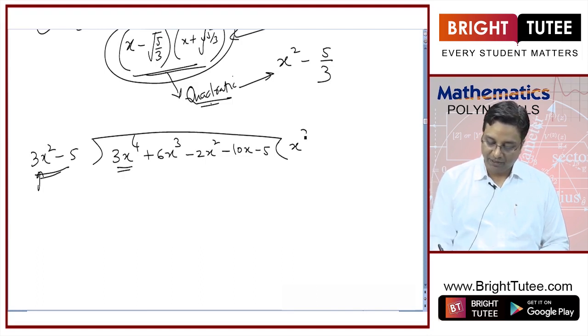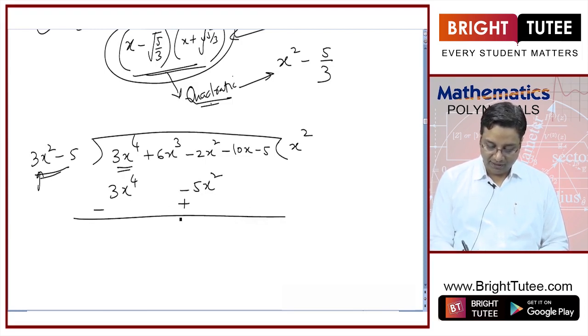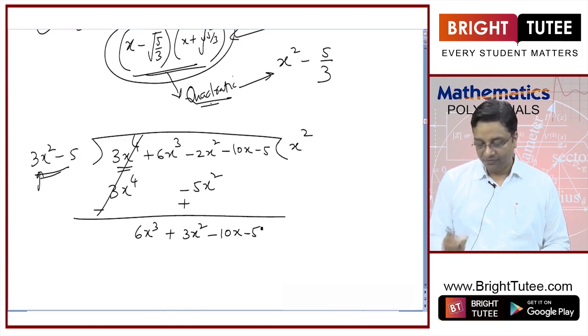I will have to multiply it by x square, 3x raised to power 4 minus 5x square, right? And then subtract. This one will get cancelled. 6x cubed as it is plus 5x square minus 2x square will give me plus 3x square minus 10x minus 5.